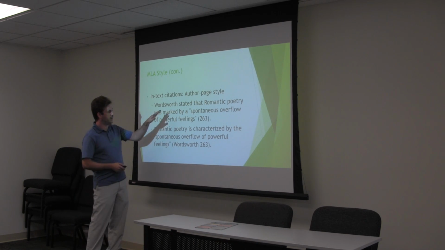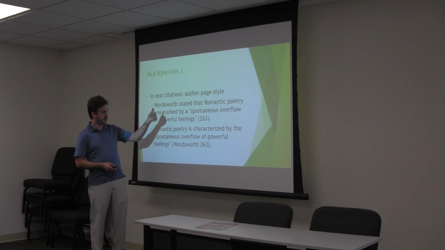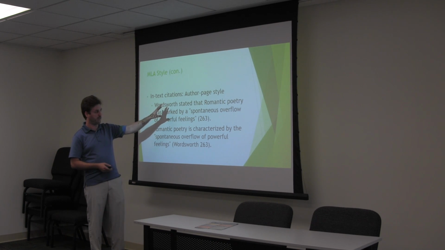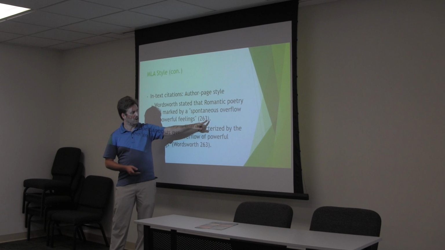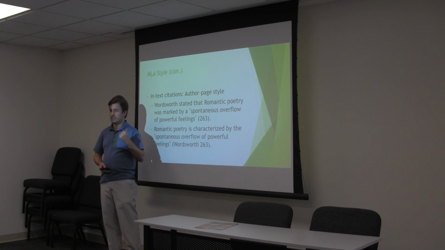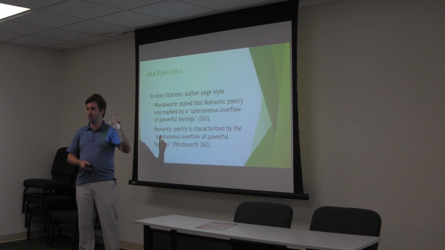But to recap, what are some of the things that we need to be looking for when we do in-text citation? Typically, you'll have the last name and page number, depending on how you phrase it in your sentence. The period always goes on the outside. Now, there's one exception to that, and that is if you are doing a long quote, like more than four sentences, where you have to do a block quote.